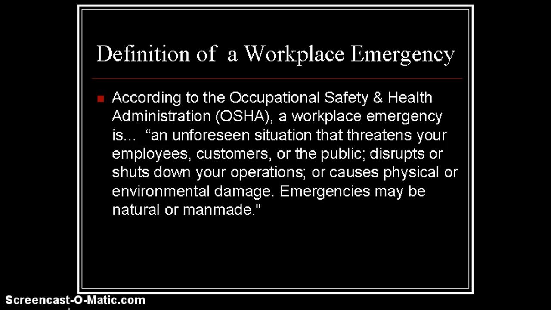The definition of workplace emergency as defined by OSHA is an unforeseen situation that threatens your employees, customers, or the public. It disrupts or shuts down your operations or causes physical or environmental damage. Emergencies may be natural or they may be man-made. This is a very broad definition of what an emergency is.